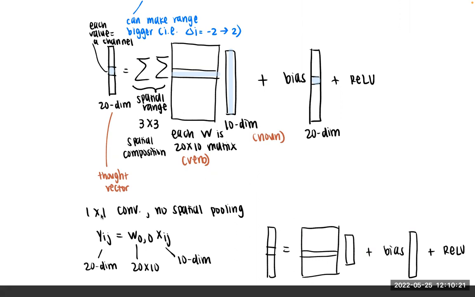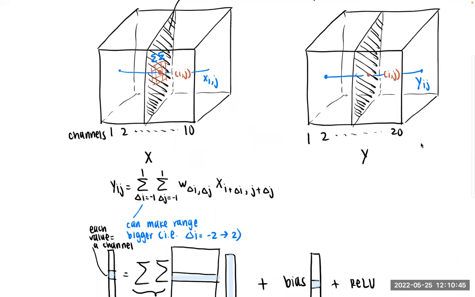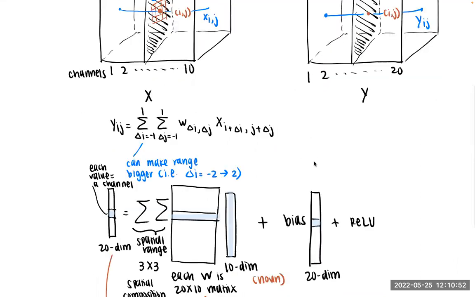In other words, the kernel is only one by one without any spatial extent. So what we are doing here is basically just combining the channels, without pooling the spatial information. This way you can either expand the number of channels, in this case from 10 to 20, or you can reduce the number of channels, for example, from 10 to 5.